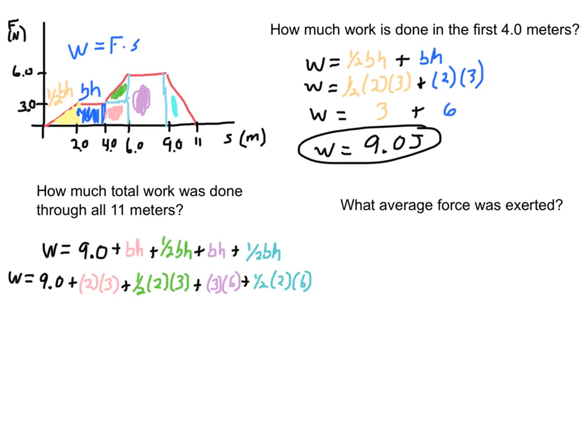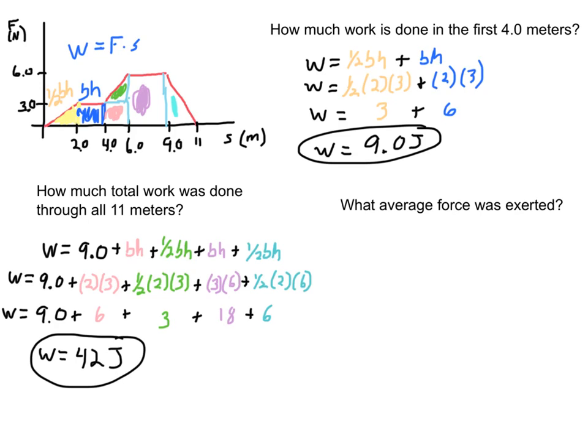Then you can come back to this point. If you pause it, you could just hit play, and then see if what you're doing aligns with what I am doing. In some cases, you can actually find other ways that you can create different shapes in there, different triangles and rectangles. I'm not too sure if this is one of those cases, but actually go back and make sure you know what you're doing now. And I come out with 42 joules would be the total work done.